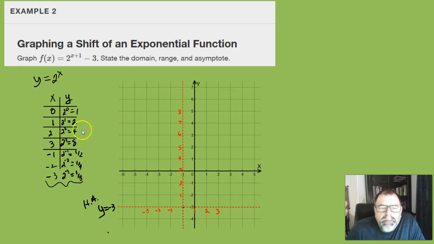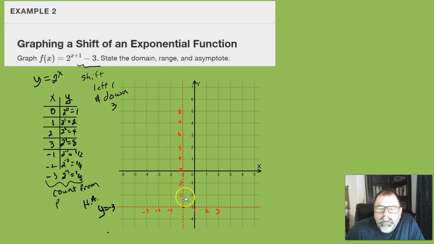So I'm going to plot these points counting from what I call the pretend origin, which is the shifts, right? So shift left 1 and down 3. So I'm going to take the parent function y equals 2 to the x, shift it left 1 down 3, so I made my pretend origin, and now just plot these points pretending the origin was right here.